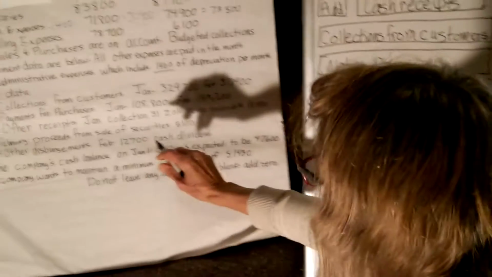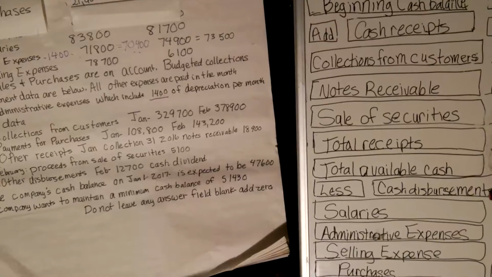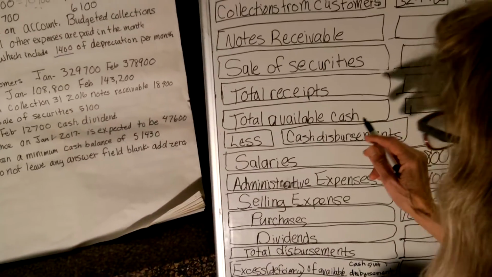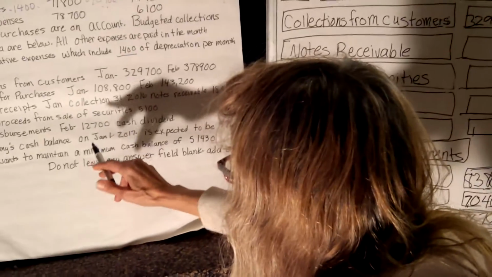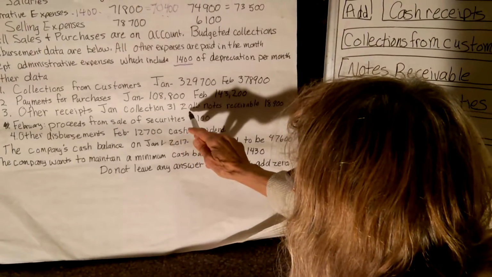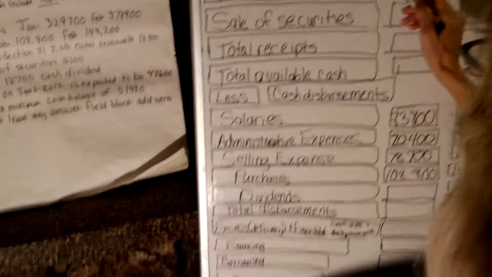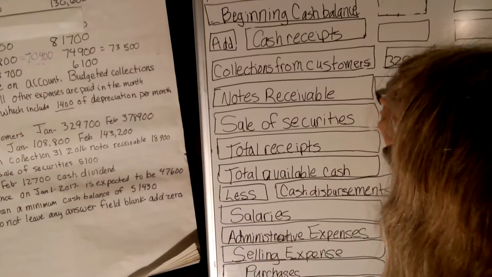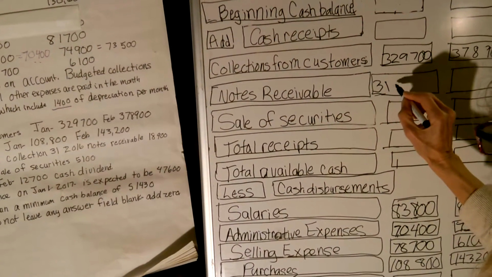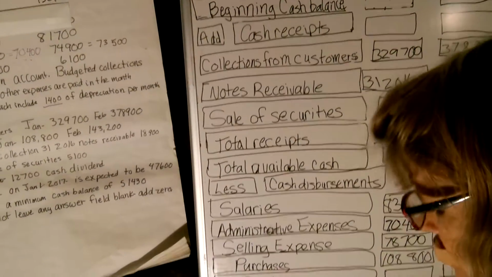And then other receipts from January collection is $31,200 in notes receivable. So we go to notes receivable, and it equals 31,200.